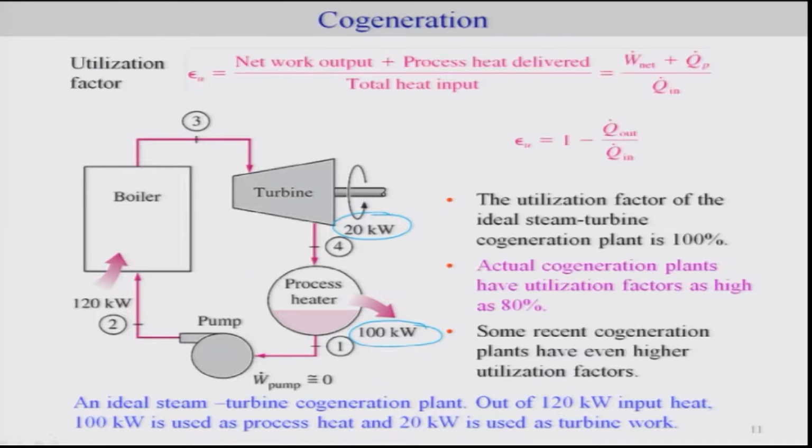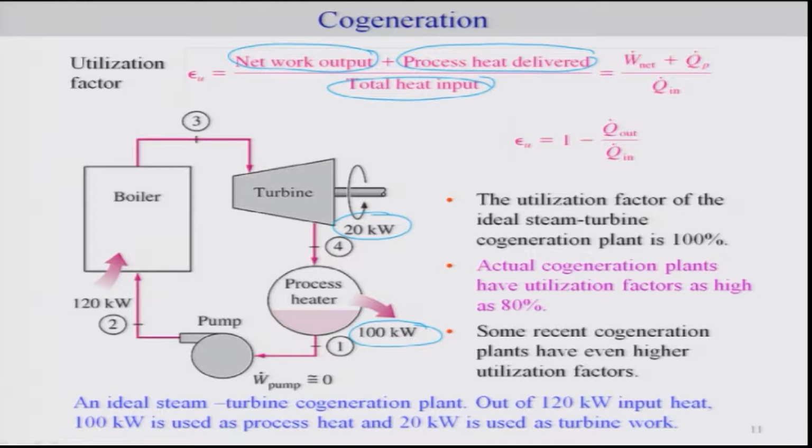How do we describe this kind of plant and what is a typical efficiency? For such cogeneration plants, we don't use efficiency, we rather use utilization, because the issue is how to utilize the energies here. The term utilization factor is used, where we say the net work output plus the process heat delivered divided by the total heat input, thus W net plus QP divided by Q in.